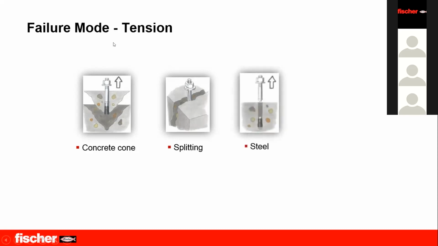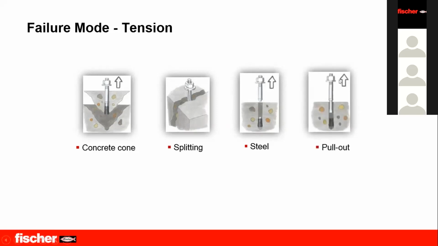The third one is the failure of the steel itself. The steel threaded rod fails when the tension load exceeds the capacity of the steel. So this is the third failure mode. The last one is the pull-out failure.